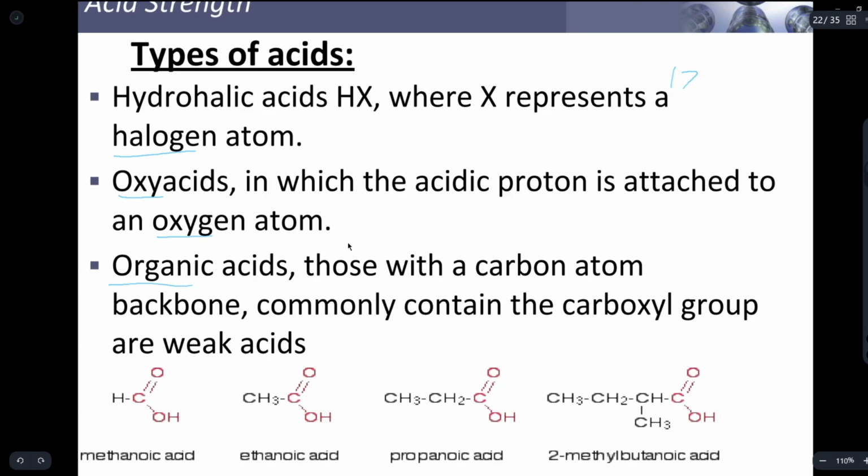And organic acids, which are acids that contain carbon backbones, such as methanoic acid, ethanoic acid, and propanoic acid. Note that in these, they will usually be followed by a hydrogen, so it would be like CHOOH. We would never take this H. We would only take the ones that are farthest on the edge.